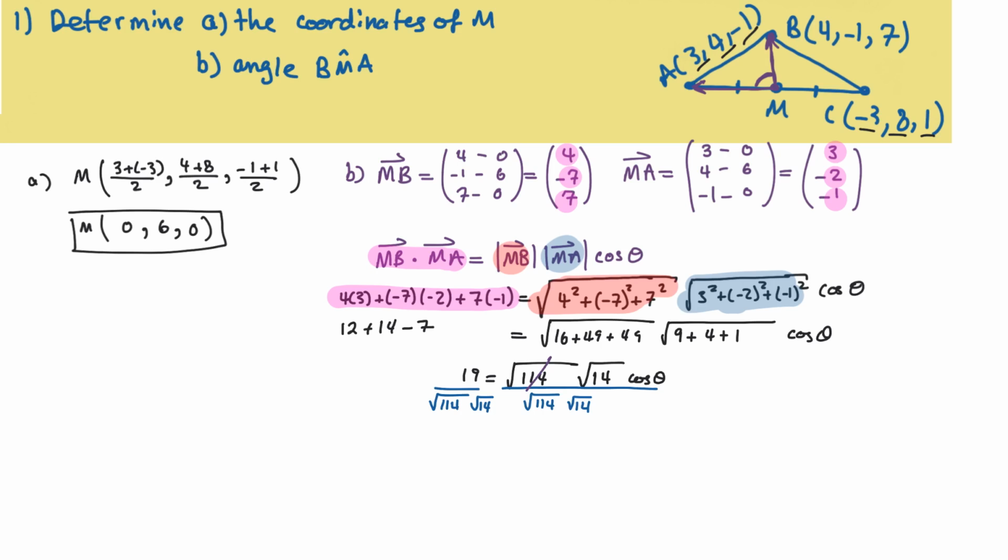And this cancels out this, and I'm left with cos theta is equal to 19 over root 114 multiplied by root 14.